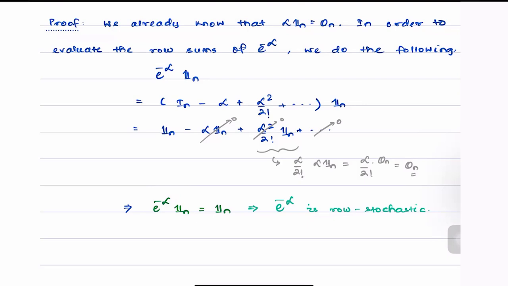Okay, let's look at the second property. The second property says that, consider G to be weight balanced.